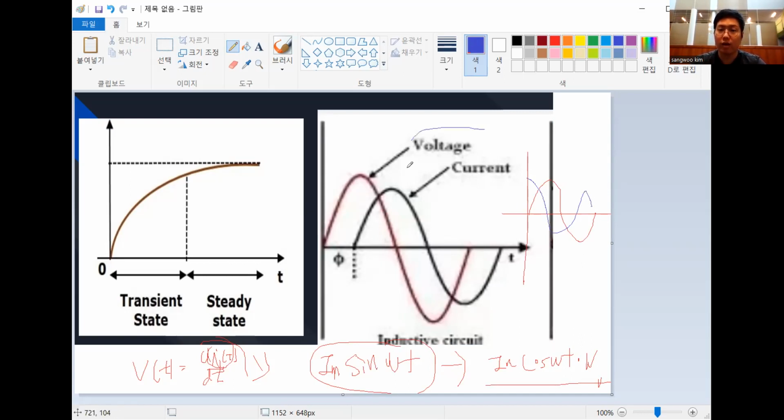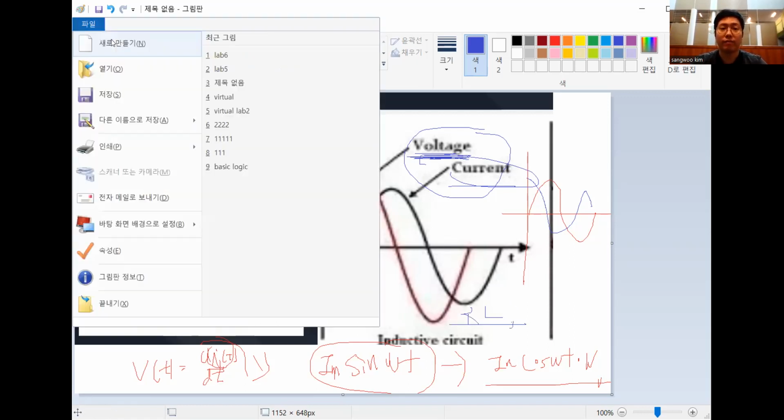As you can see here, the voltage leads and the current lags in the RL circuit. Let's move on.